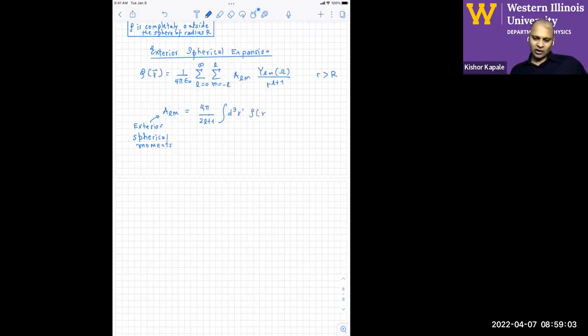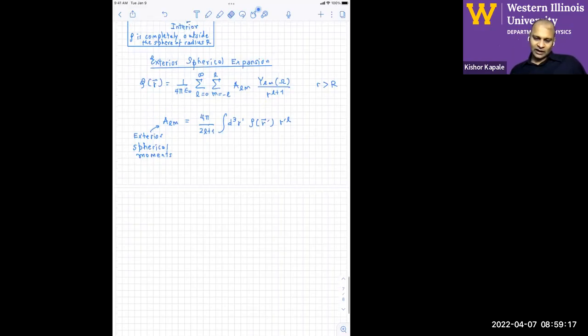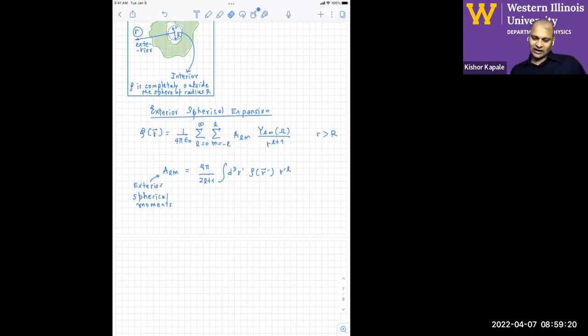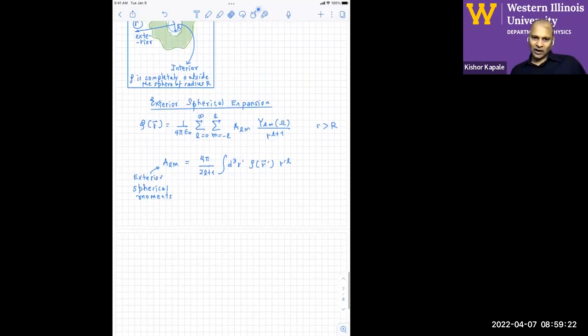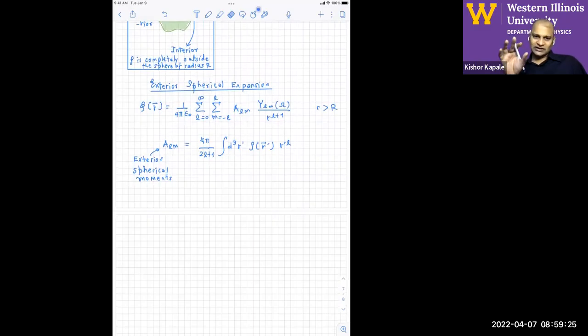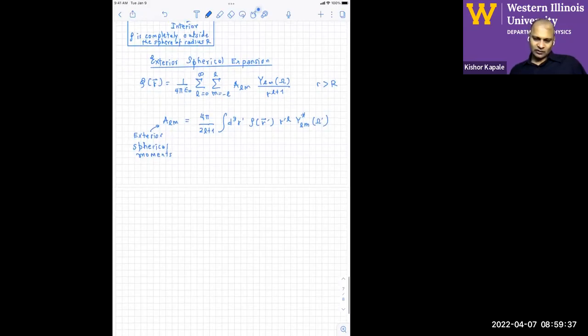And so you just take all of the r prime dependent terms, combine them together. So from the t to the power L, we only pull out r prime to the power L, r to the power L goes there. And then you had the 1 over r extra outside. That's why this becomes r to the power L plus 1. Y_LM stays as the expansion coefficient there. It does not appear in the spherical moments, but Y_LM star goes into the spherical moments.